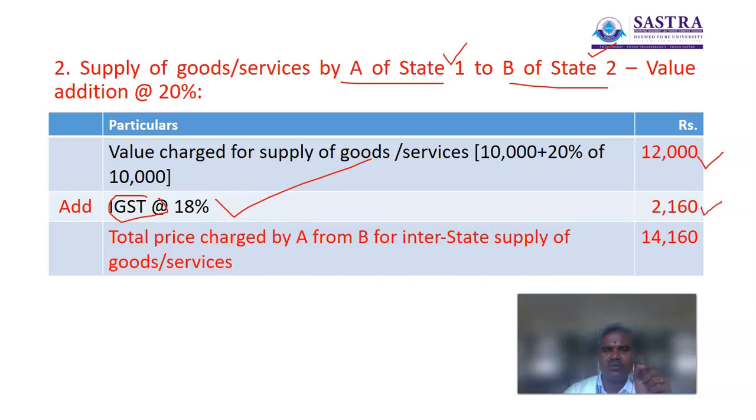So now A is the seller, B is a buyer. B has ITC. Okay, so B will claim this amount when he sells these goods to the customer.